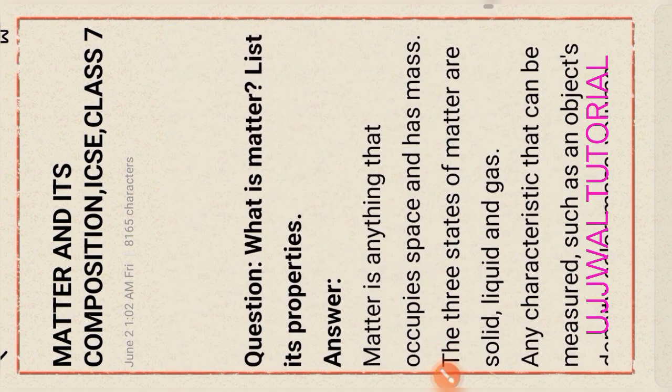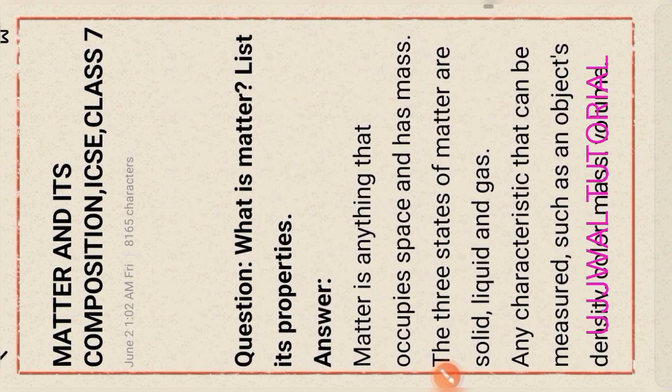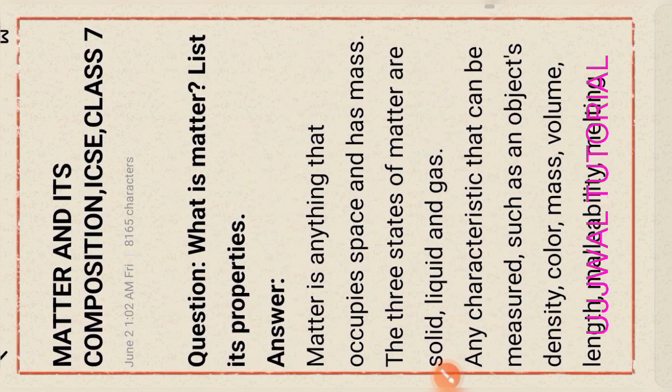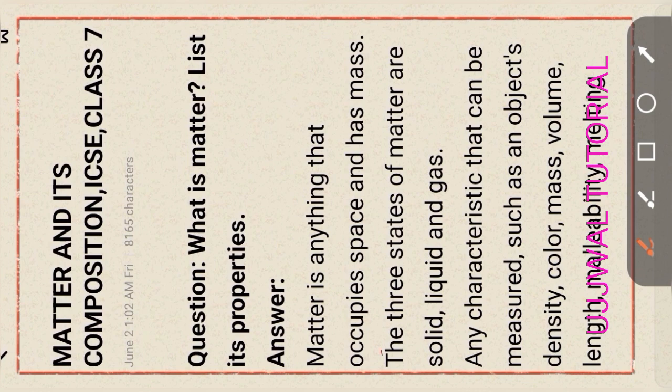Next question, what is matter? List its properties. At first, matter is anything that occupies space and has mass. The three states of matter are solid, liquid, and gas.